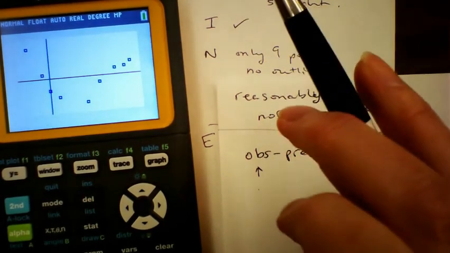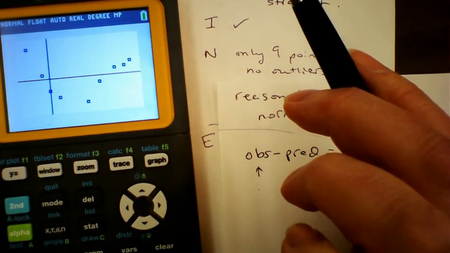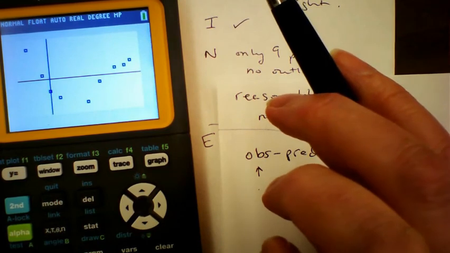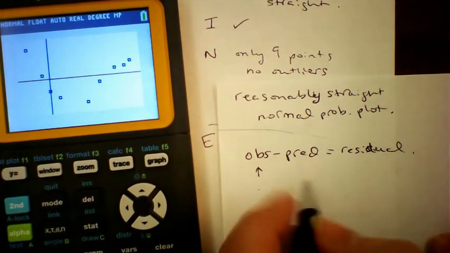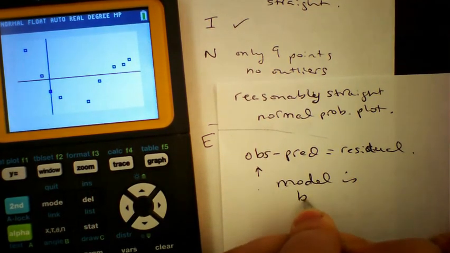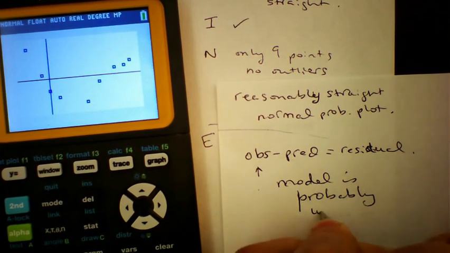So I think it looks like our model is probably under predicting.